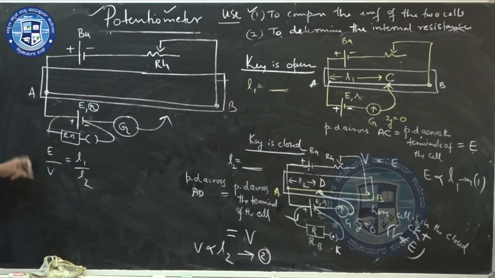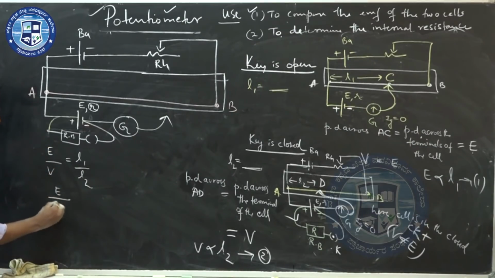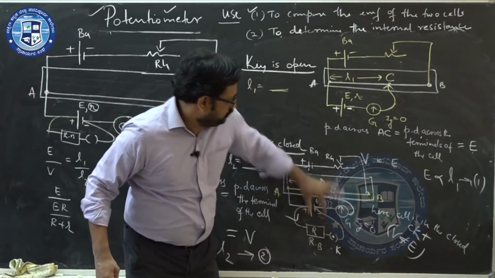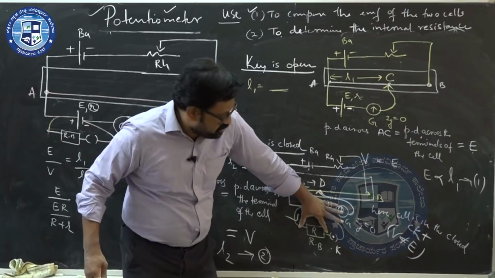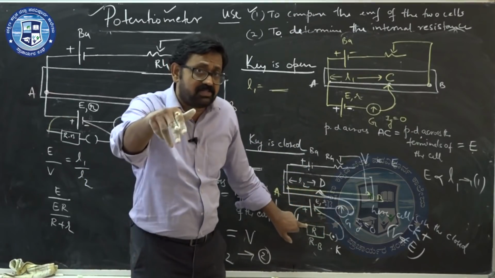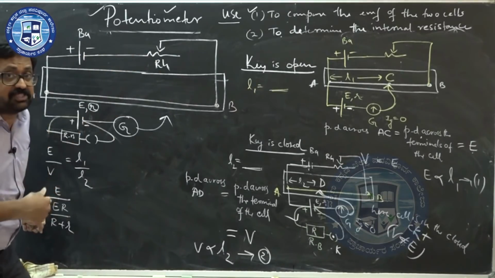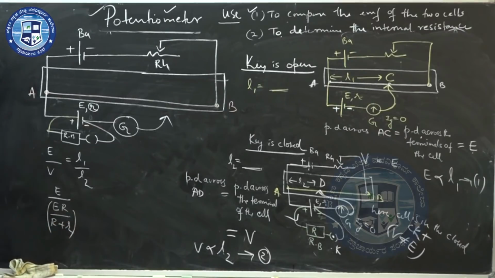Now E and V have to be simplified. How to simplify? Don't you think this V can be rewritten as ER by R plus r? V here, V here, V here are the same, no? So this V is the terminal potential difference. The formula for terminal potential difference you already learnt in the cell. This formula I recalled in the beginning of this session. This V can be replaced as ER by capital R plus small r, equal to L1 by L2. Can I cancel this E?